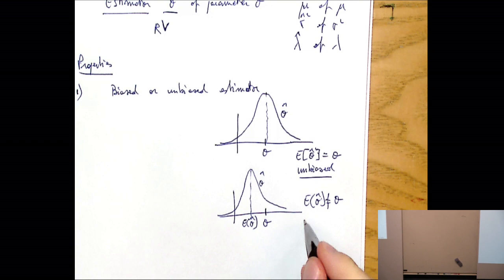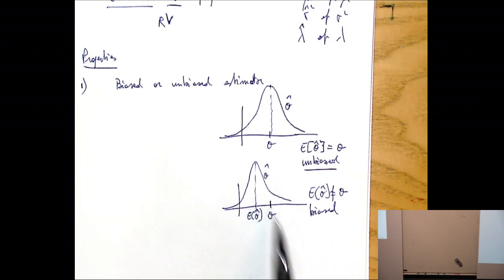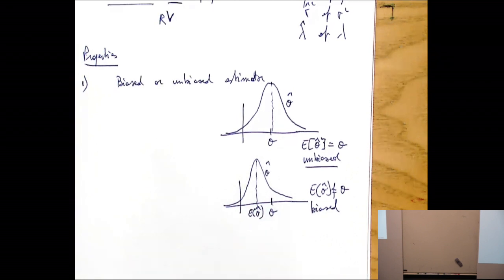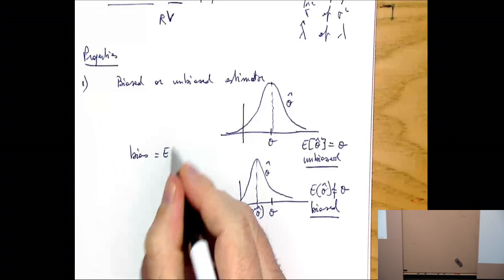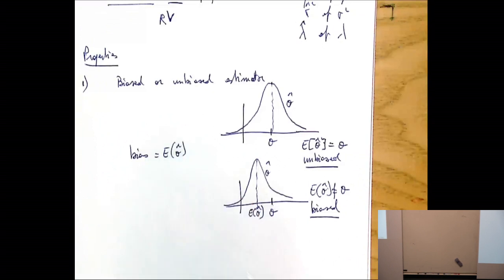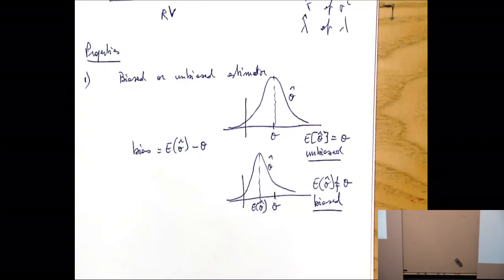This would be biased. So that means actually, if you build this estimator, on average, that estimator will not give you the value that you're looking for. Okay, so the bias essentially is a measure of the difference between the expectation of the estimator and the value that you're looking for, right? And so generally speaking, you would prefer having an estimator that has zero bias.